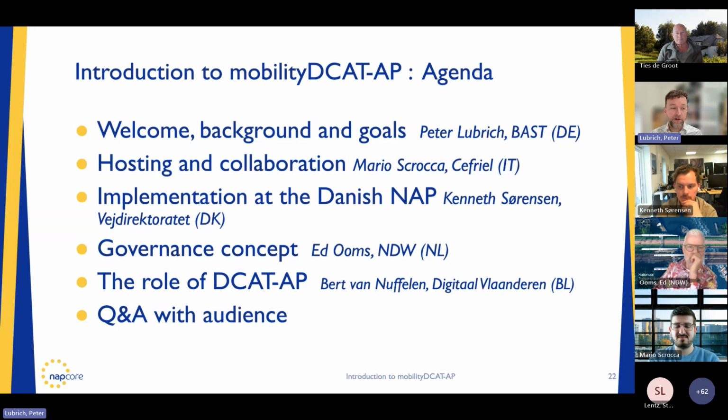So we did a lot of work to make this happen. And a colleague of mine, Mr. Mario Scroccia from the Sheffield Institute, which belongs to the Politecnico in Milano from Italy, will tell us how the hosting and collaboration is accomplished. So I will now leave the floor to Mr. Scroccia, and Mario, you are free to take over the screen and tell us more about the hosting and collaboration. Thank you.